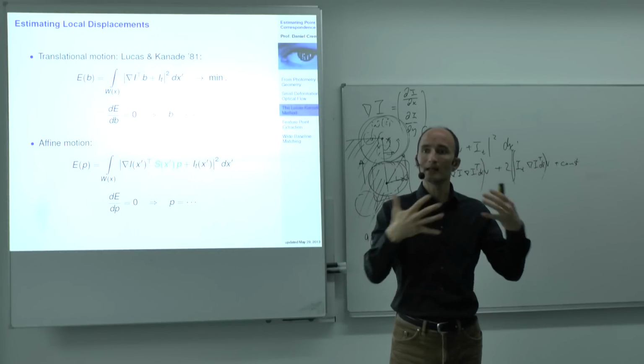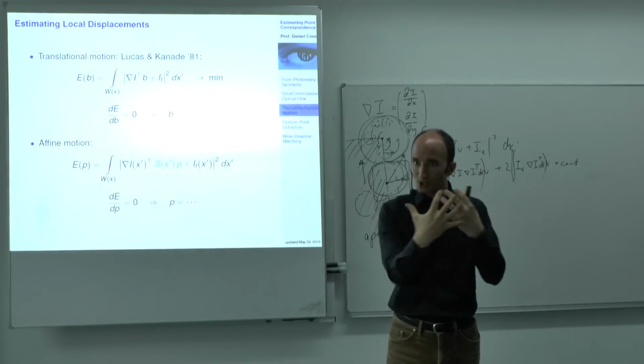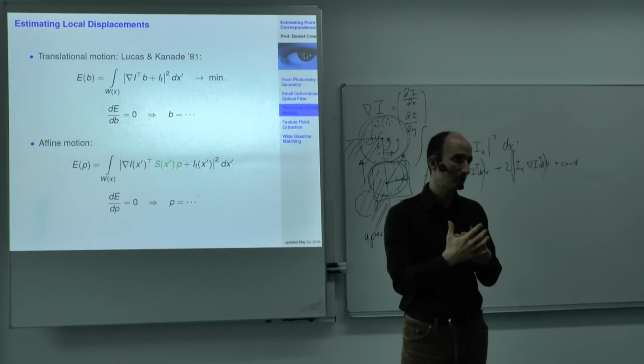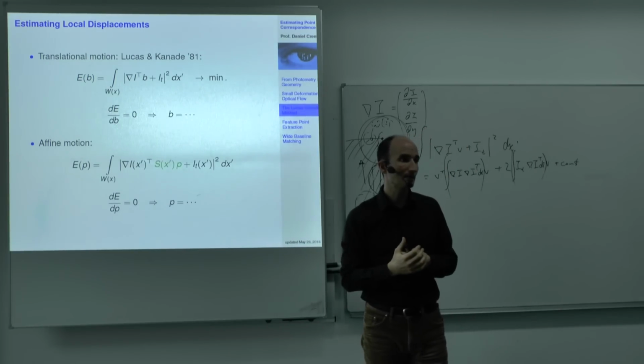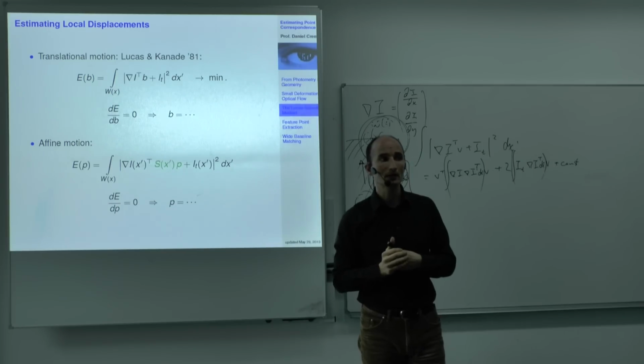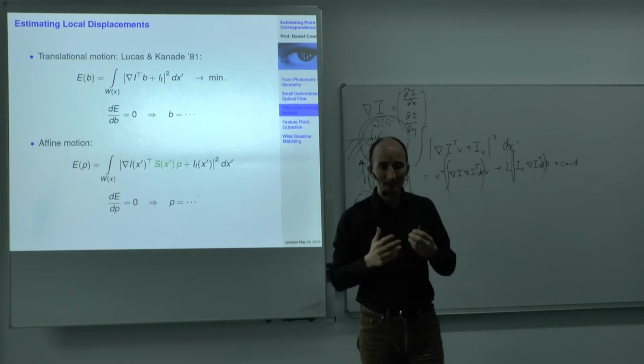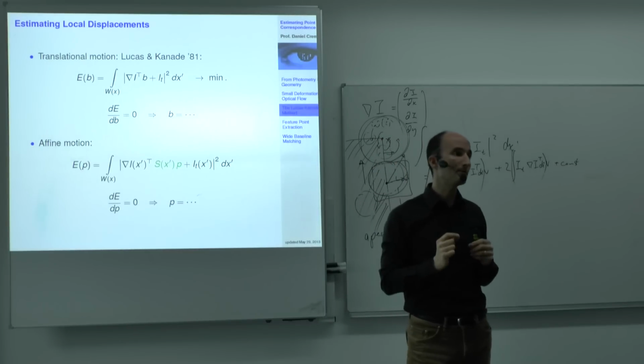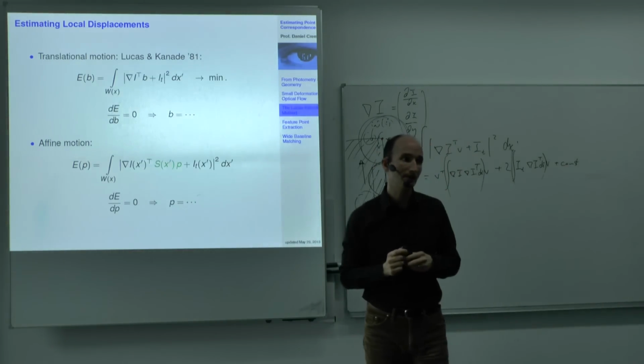So you basically iteratively remove the large components of the displacement, and on a finer scale you only have smaller displacements. But you can imagine whether that technique works depends on how large the flows are. It depends on the image structure, and it really depends on how you implement this coarse-to-fine strategy.